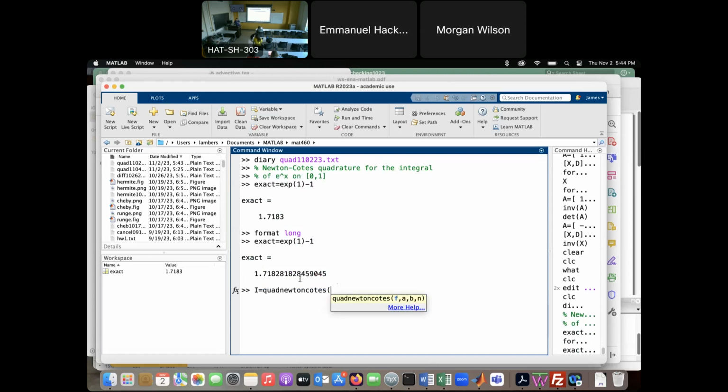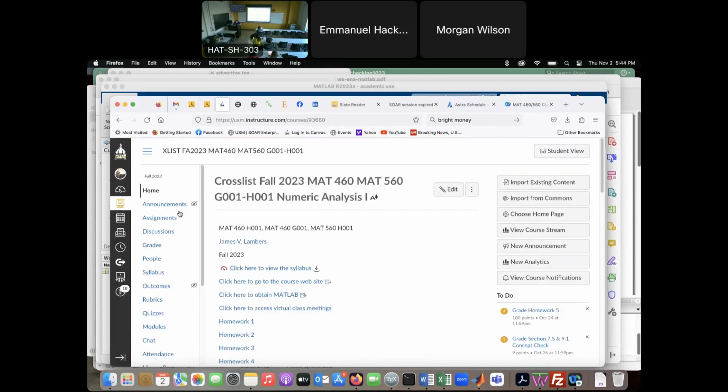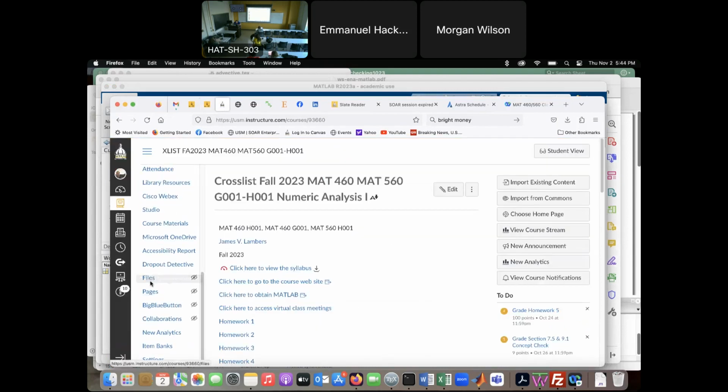Wait. Why do you code? Oh, you can't run it because you don't have a function. Yeah. Okay, hold on. Well, okay. I can put it in Canvas.